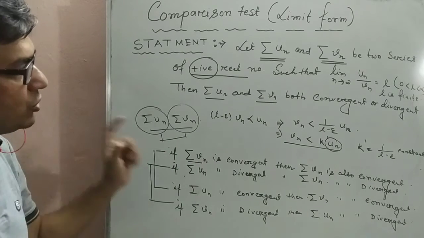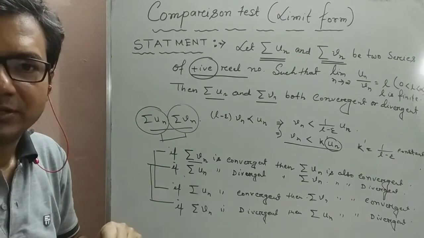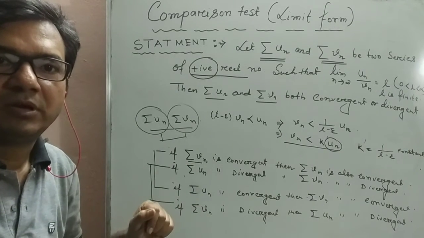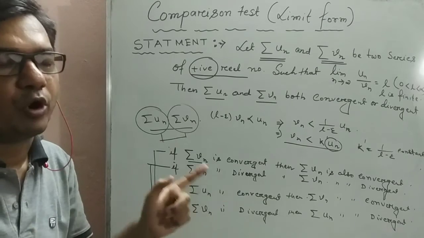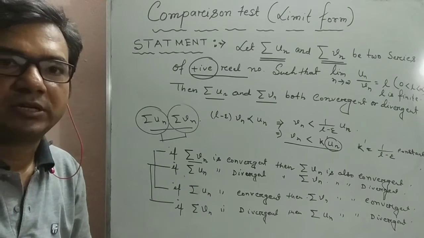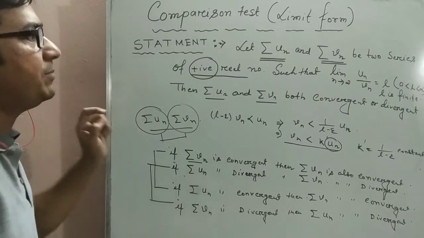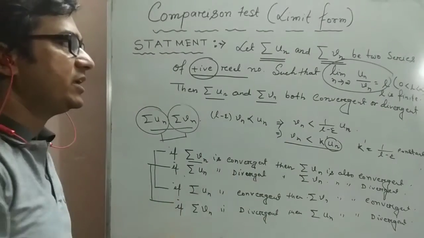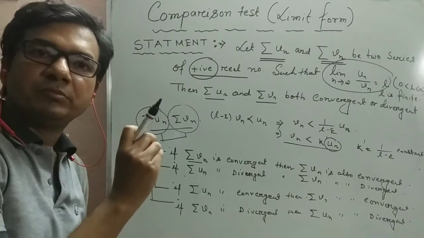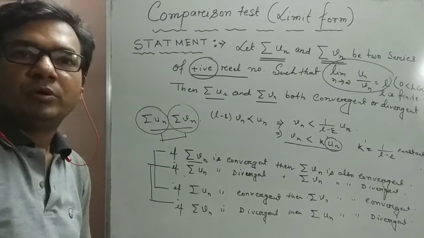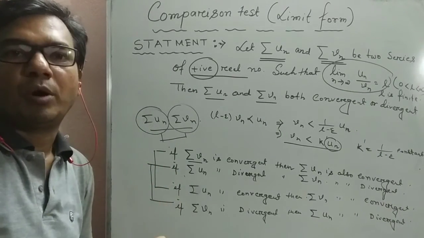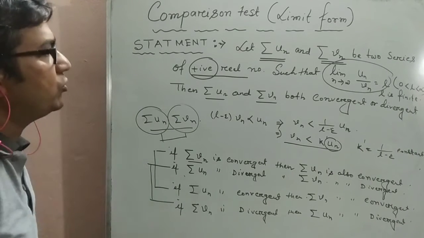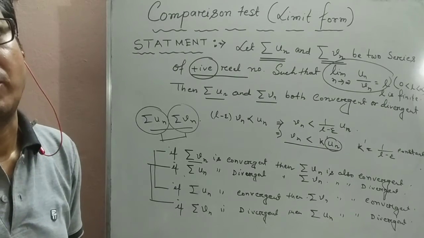Okay, so summation un and summation vn are convergent or divergent together if this limit holds. This is a very easy test, and also an important test of convergence of series. Okay, this is the proof of the comparison test limit form.